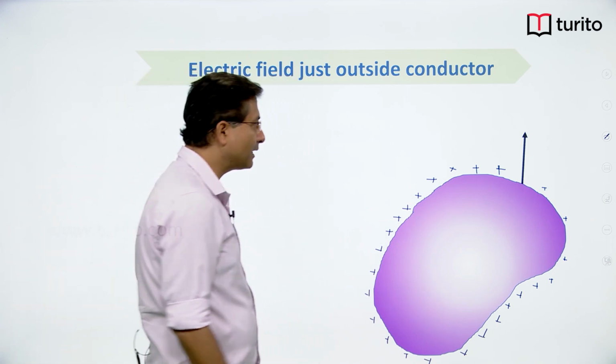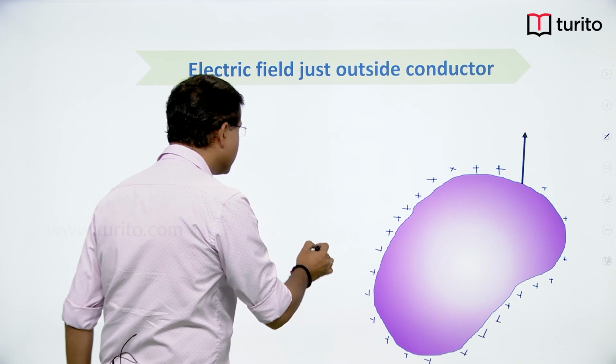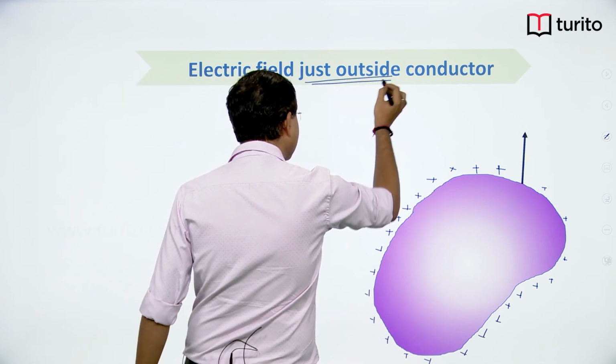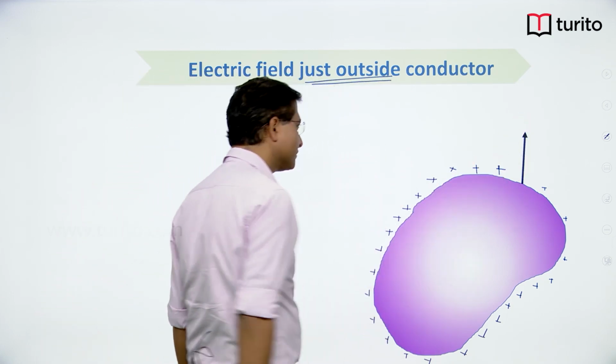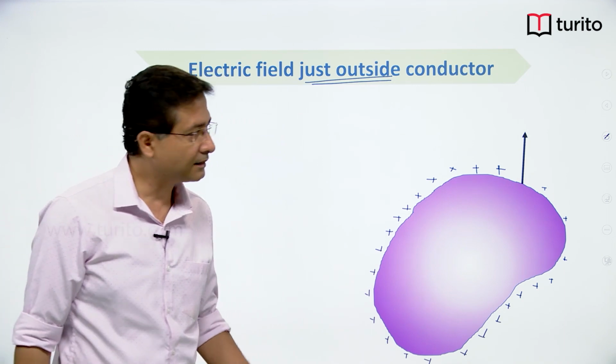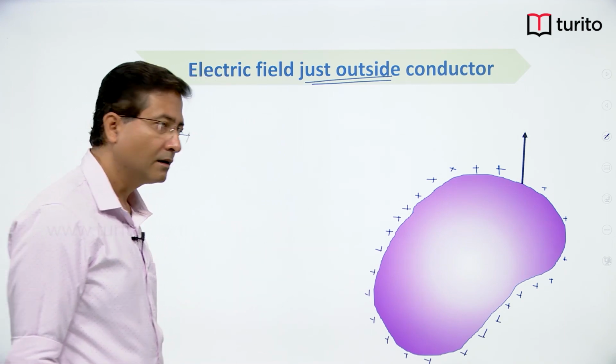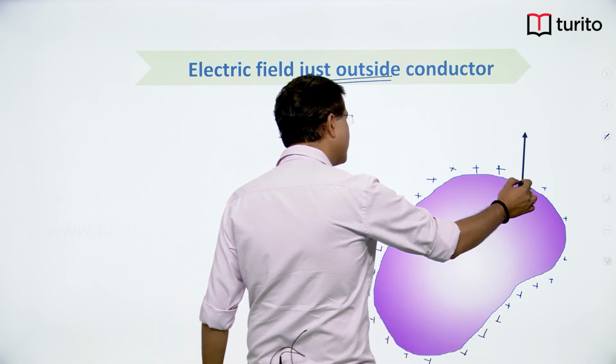If I assume that just outside the conductor, the field is in this direction, I do not know the direction, let it be making some angle with the perpendicular.